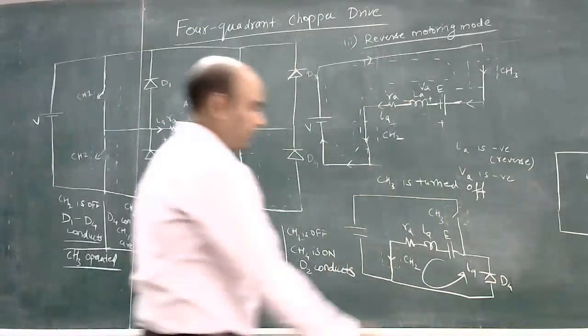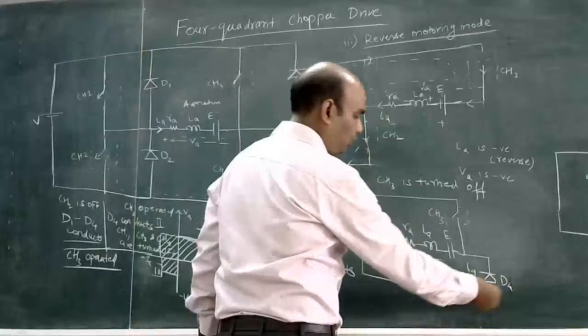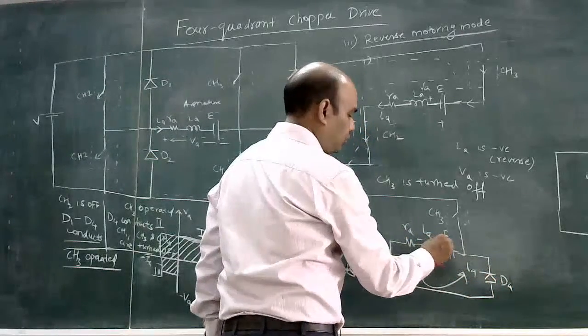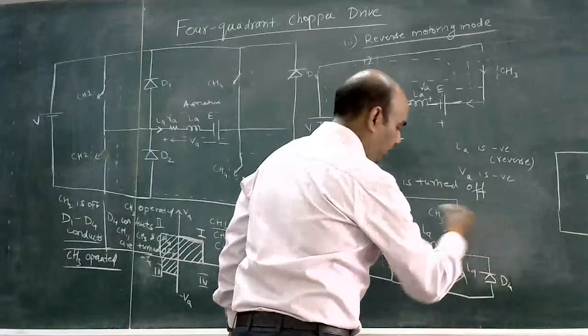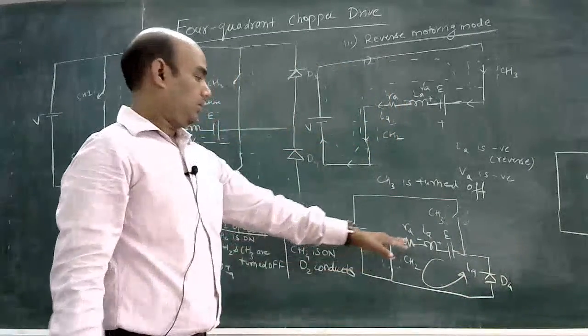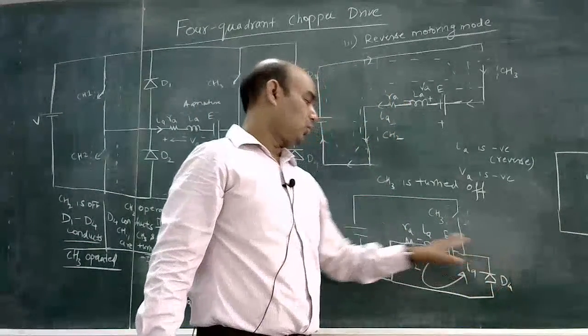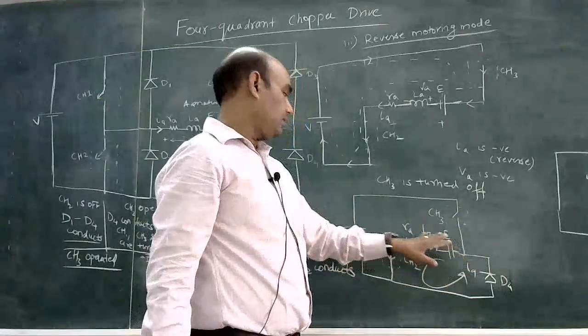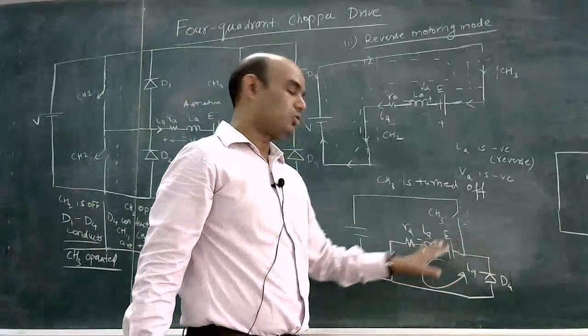Now this current IA will freewheel through D4, and the energy stored in this LA will be dissipated through this resistance. So this energy will decrease and IA will also decrease.